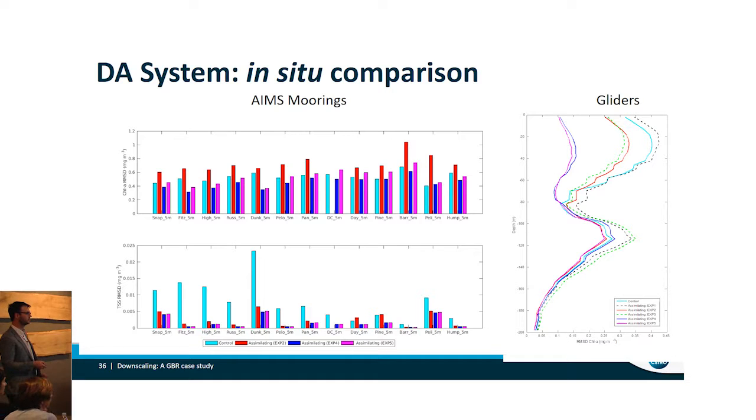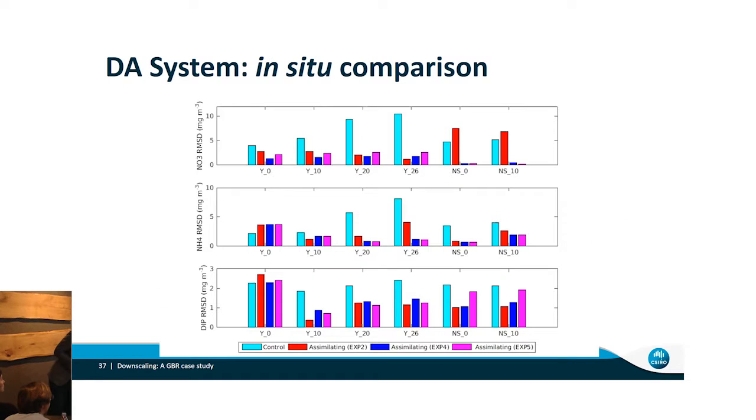So this is the effect of assimilating reflectances as opposed to a chlorophyll product. And not only does it improve the estimates of chlorophyll and TSS, but it also improves the estimates of the inorganic nutrients of nitrate, ammonia and DIP.